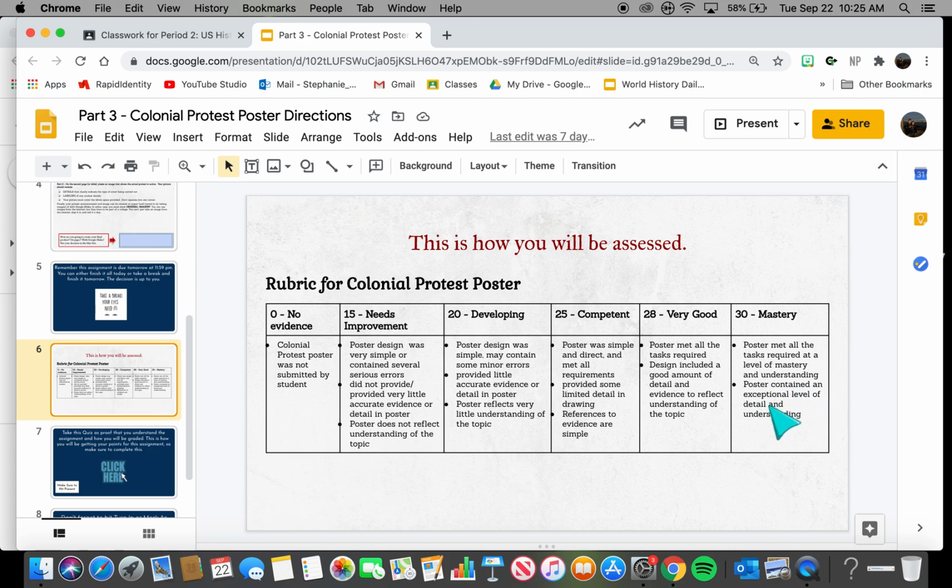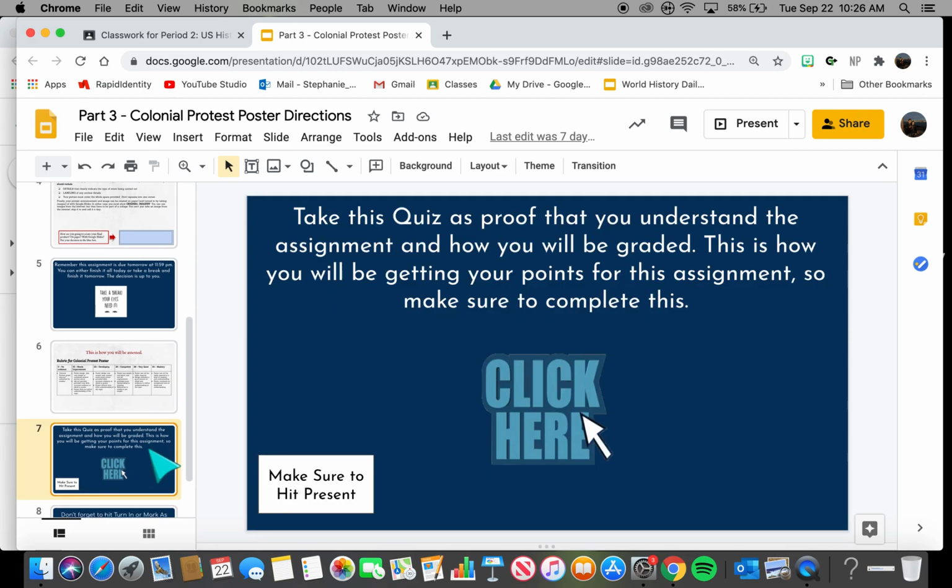The poster contained an exceptional level of detail and understanding. This person went above and beyond. Their picture included color. It was done very well. Their event was very creative. It looked like it actually would make a difference if this person had this kind of event. So make sure you read over this to know how you're being graded.